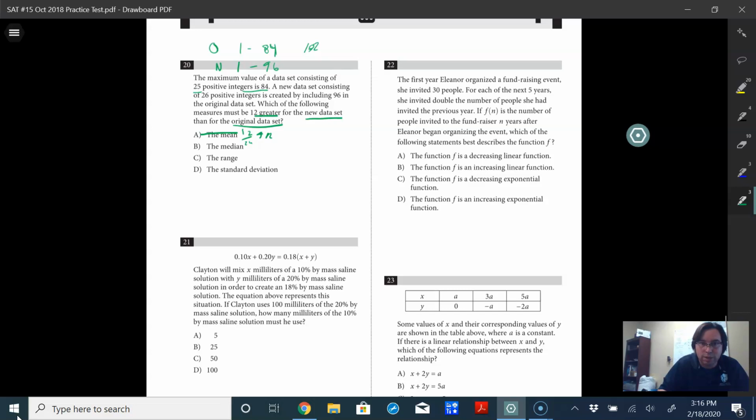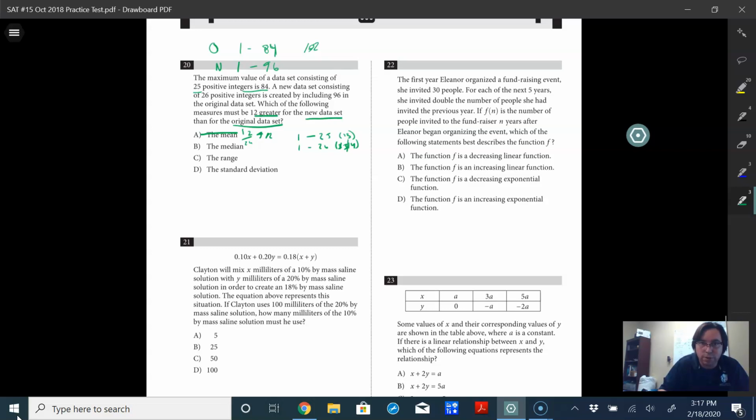If you had a data set of 1 to 25, the median there would have been 13. Now you've got data set 1 through 26, and the median is going to be 13 and 14 averaged together. So again, very little change there. The range, however, you're increasing by 12.